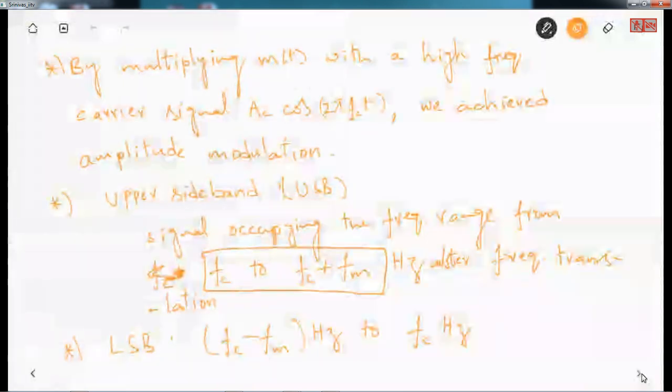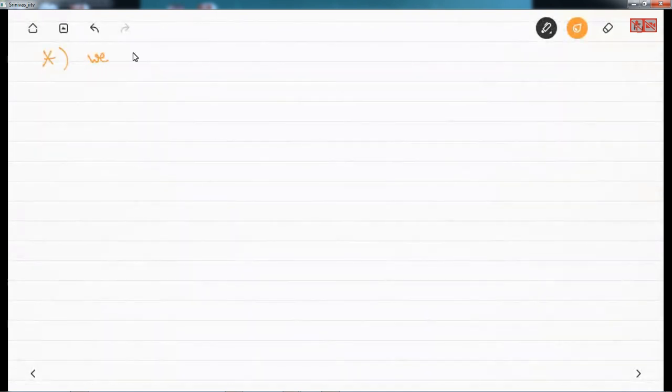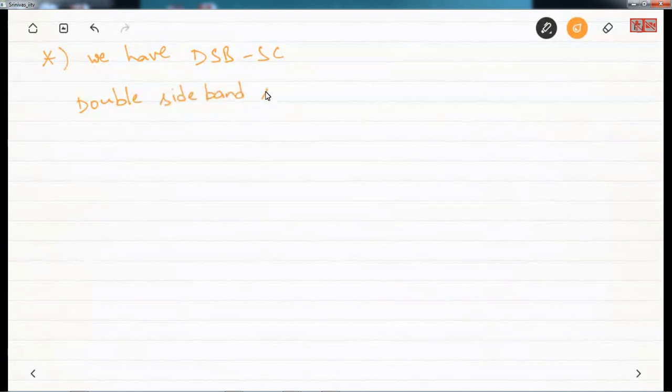So we have DSB-SC. So what is this? Double sideband suppressed carrier signal.